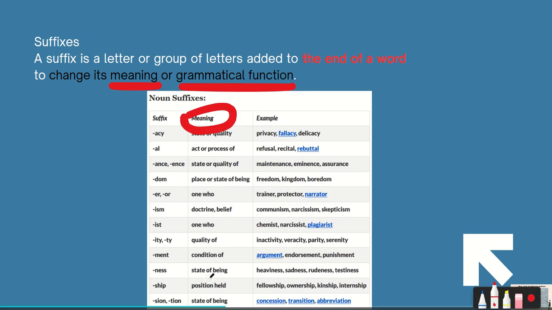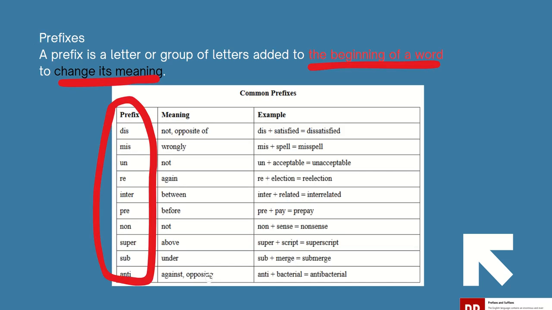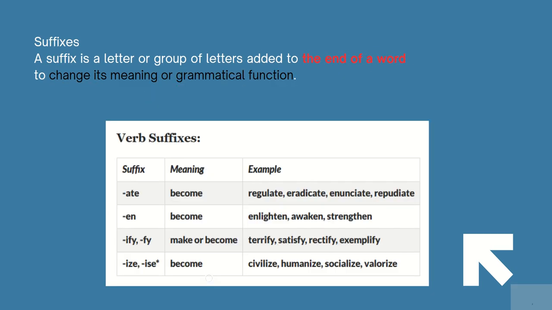All right. So a suffix at the end of the word changes meaning or grammatical function, but a prefix added in the beginning changes meaning only. Okay. Here is the suffix meaning, definition, and some other examples. Here is a group of suffixes which are verbs, ending with ATE, EN, IFY, IZE.